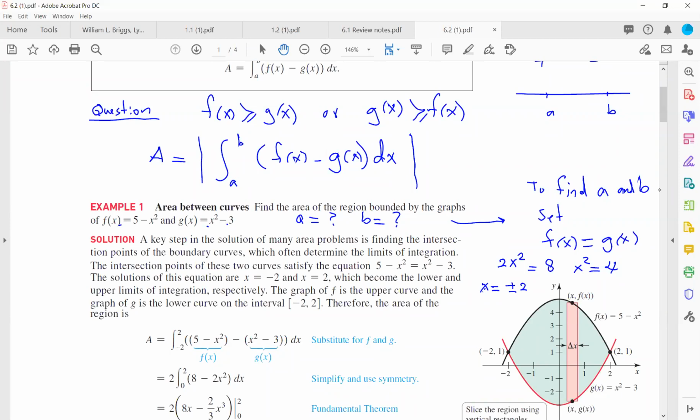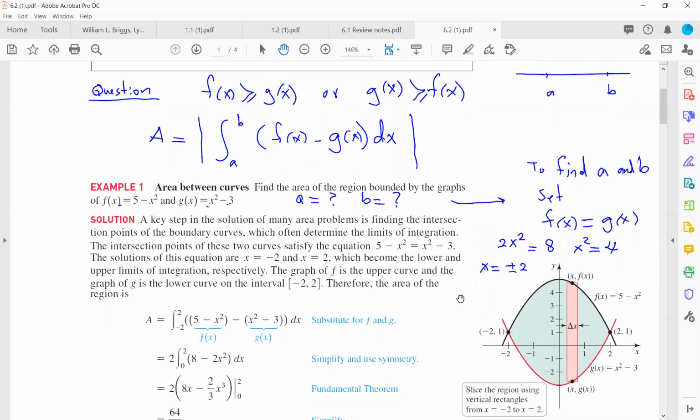So the lower limit and upper limit, as you can visualize, the area bounded between these two functions ranges between negative 2 and 2. Okay, we have everything. We have the lower function, the upper function, the lower bound, the upper bound. We can definitely follow the formula.